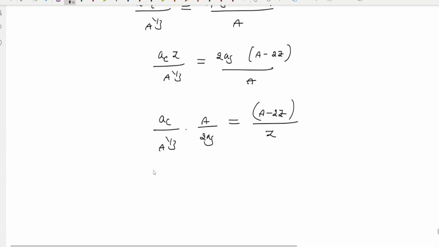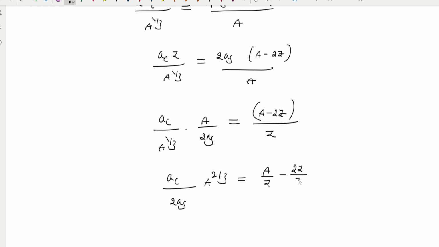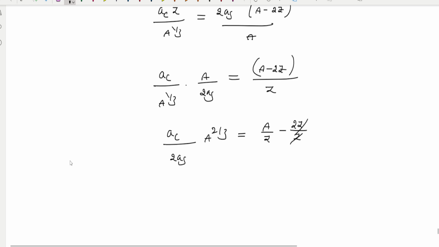So if you look at this equation, ac divided by 2as, this term, and this one I'm going to use like this: A power 2 by 3 equal to A divided by Z. After splitting 2Z divided by Z, this Z will cancel, and the remaining portion has minus 2.